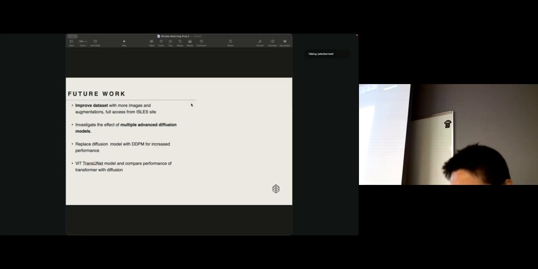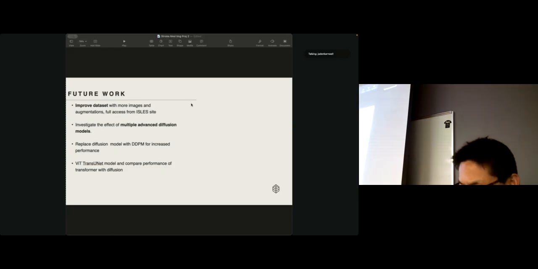Future work that I want to do for this project would be to investigate multiple advanced diffusion models, or adding in a DDPM, which will have higher performance, and it's a full diffusion model, so it won't just add noise, but it will also reverse the noise as well. And this will help to enhance the images even further.